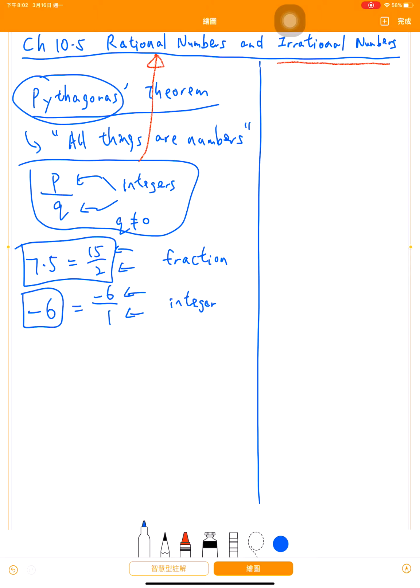So easy, right? Because any integer can be expressed by dividing by 1. 4 is equal to 4 over 1, which is in the rational number format.